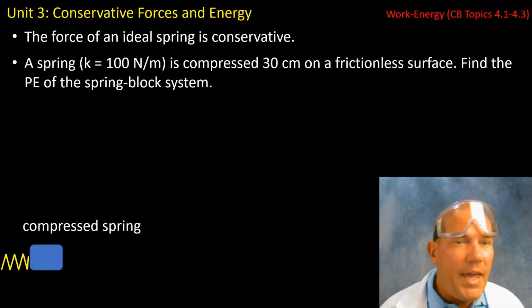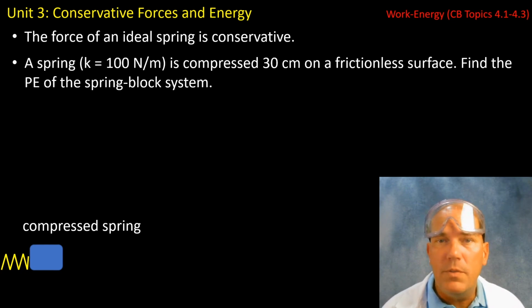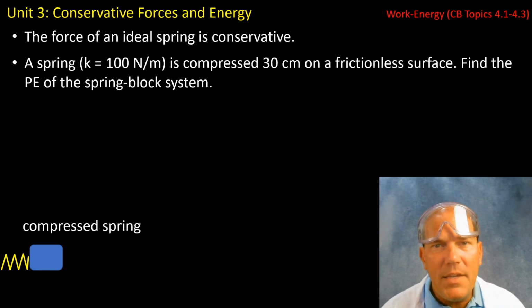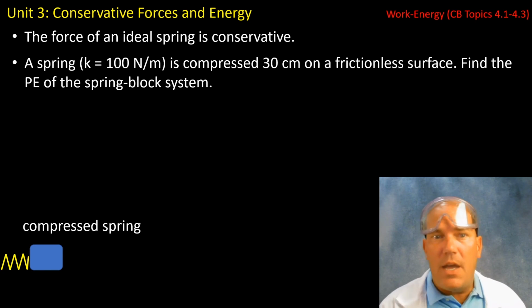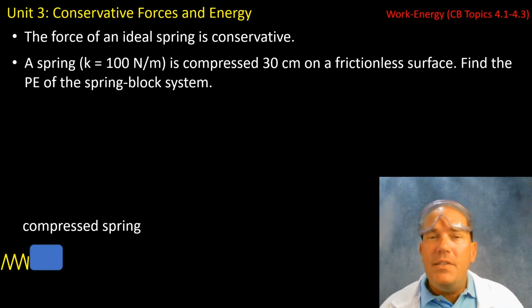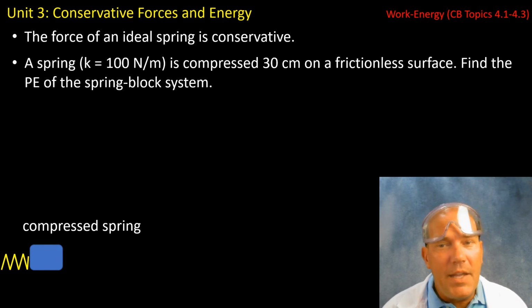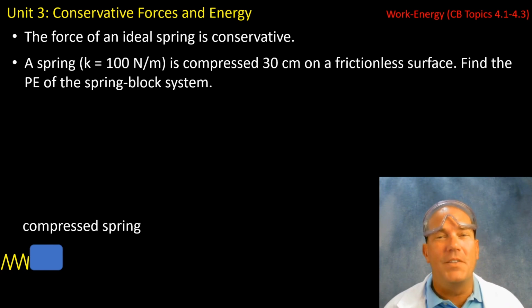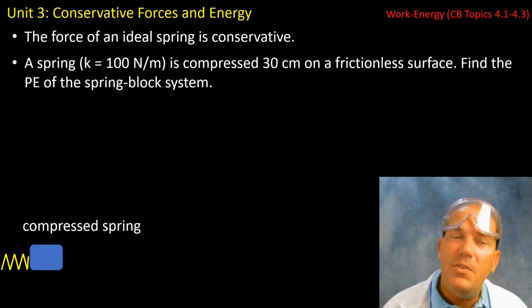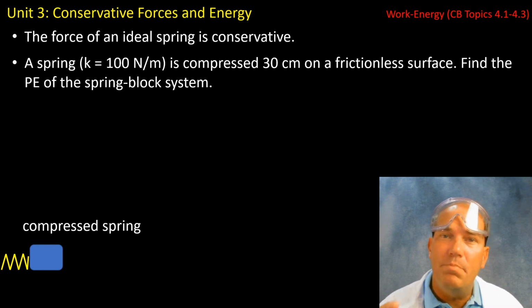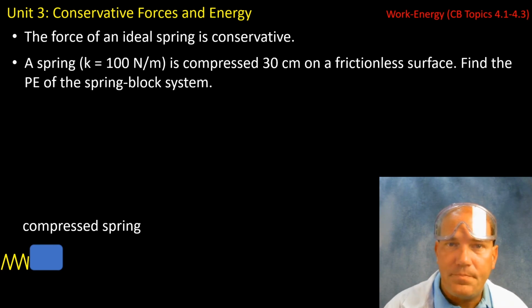You're given the K value to be 100 newtons per meter. Remember, K is a property of the spring. That's the spring constant. And that doesn't change unless you change out the spring. And it's compressed 30 centimeters on a frictionless surface. Find the potential energy of the spring block system.